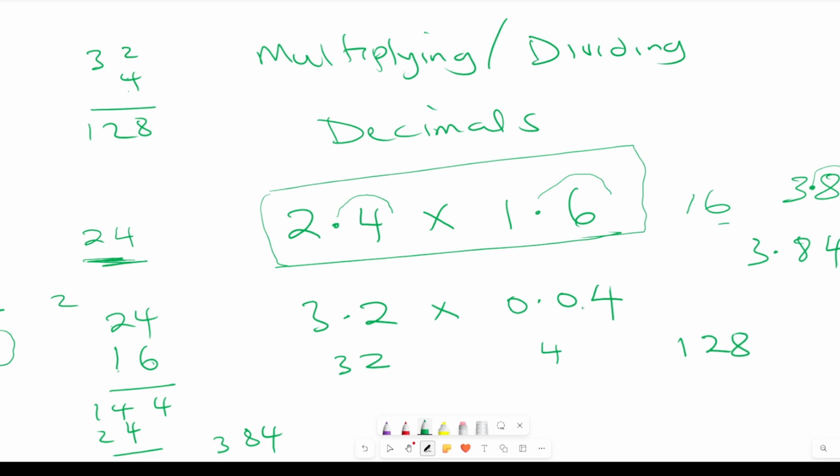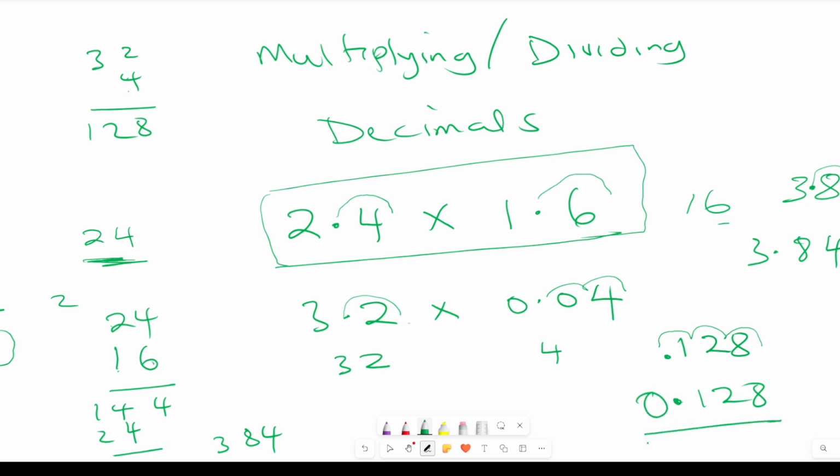But how many decimal places did I discount to pretend they are whole numbers? I got 1, 2 from here. I got 1 from here. So 3 in all. So I need to bring back the 3. 1, 2, 3. So what I'm getting is 0.128.